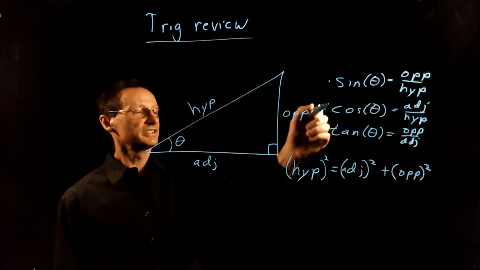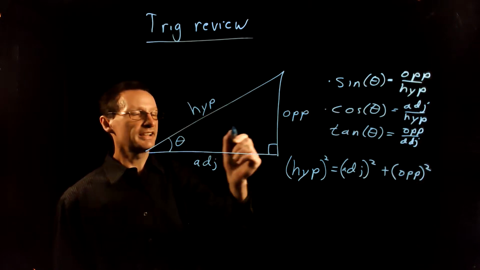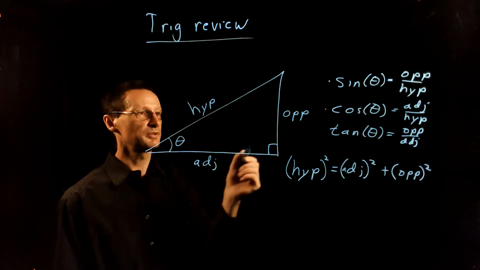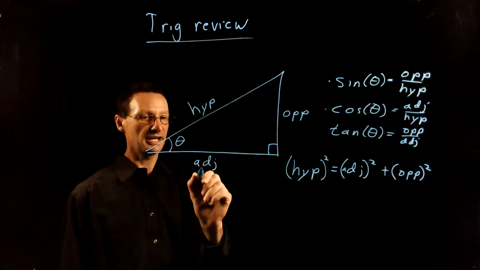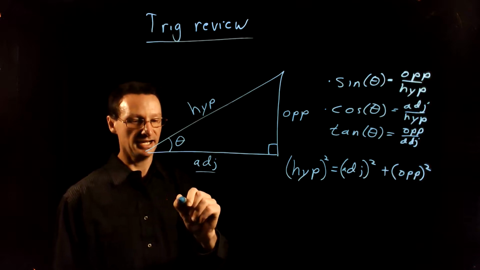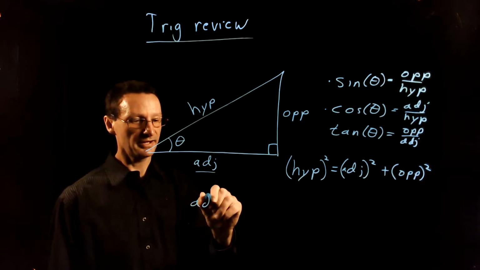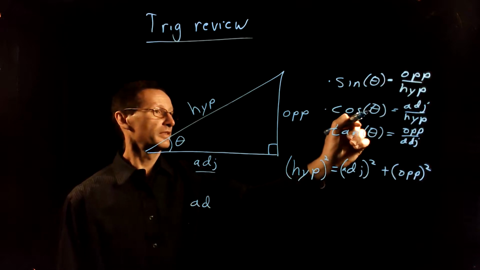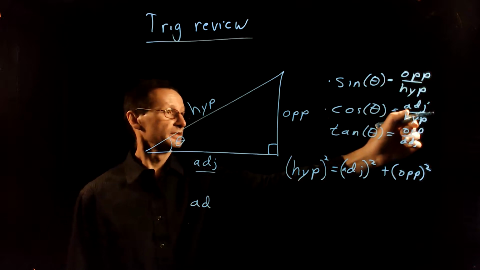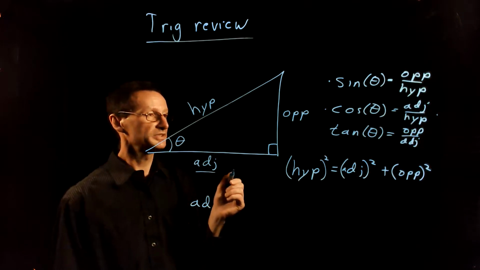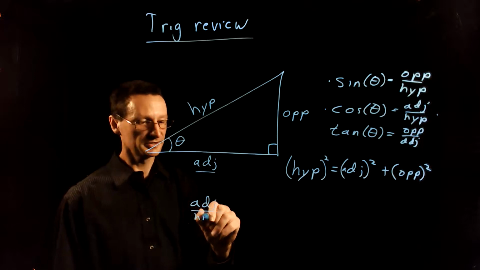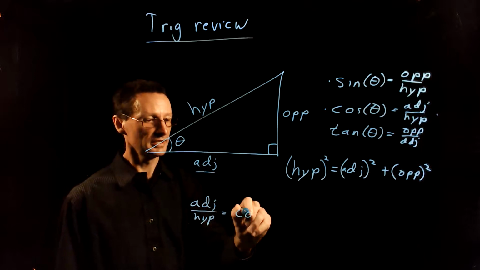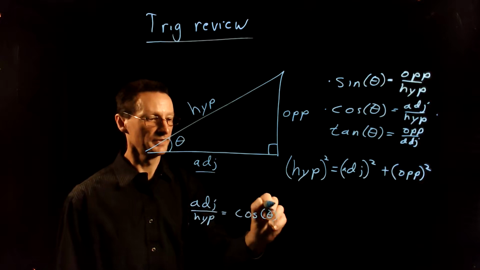Now, in a practical sense, you can relate these sides to each other using some simple algebra, starting with these key functions. But usually what I do is I want to solve for the adjacent side. So to do that, I can start with the cosine function here. That's going to be the adjacent side over the hypotenuse, and that's the cosine of the angle here.